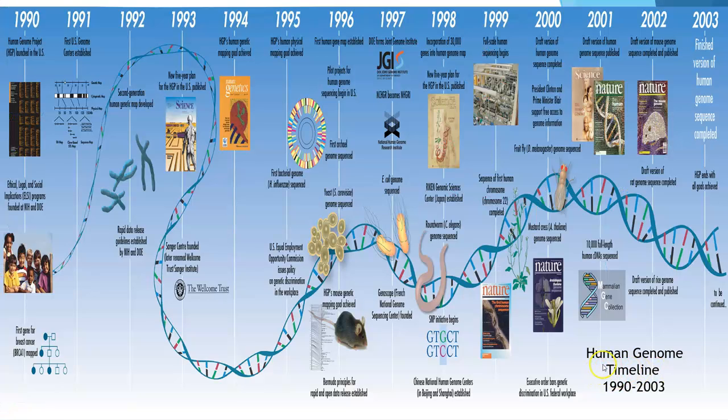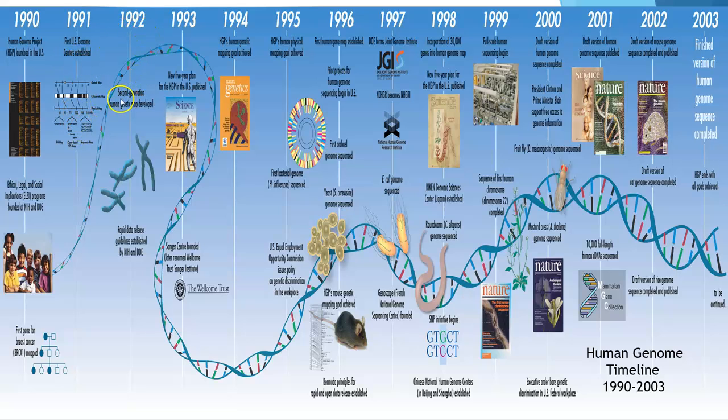Students, have a look at this image. This image is called the Human Genome Timeline from 1990 to 2003. If you have a look here, in 1990, the Human Genome Project was first launched in the USA. Then in 1991, the first US Genome Center was established.